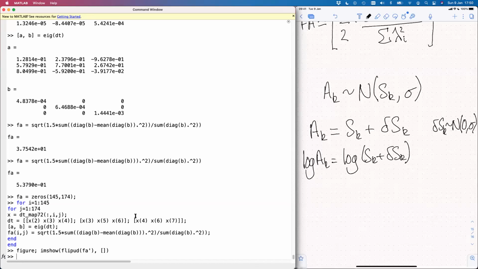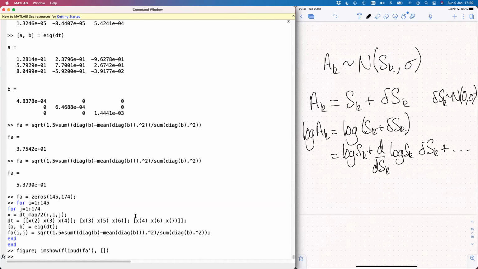And let's take a Taylor expansion of that right-hand side. So I can write that then as log of SK plus d by dSK of log SK times delta SK plus some higher order terms. Well, d by dSK of log SK is just 1 over SK, so I can write that then as log SK plus delta SK over SK plus higher order terms again.